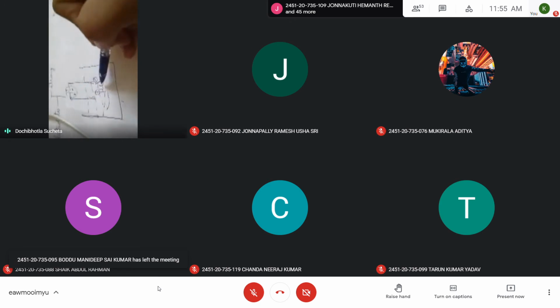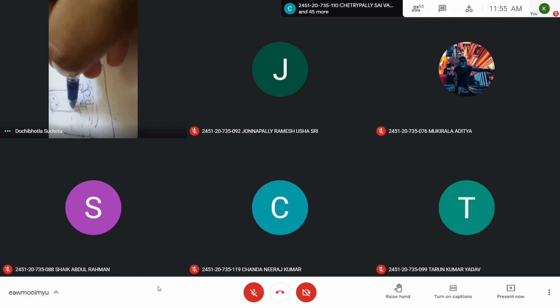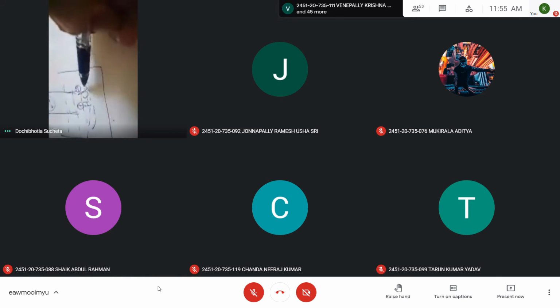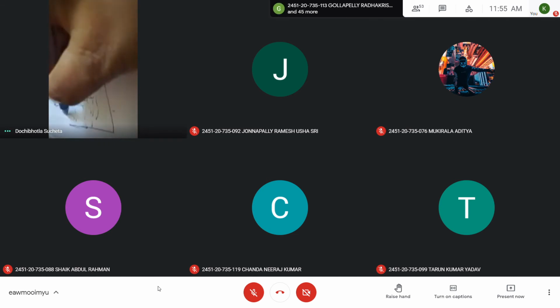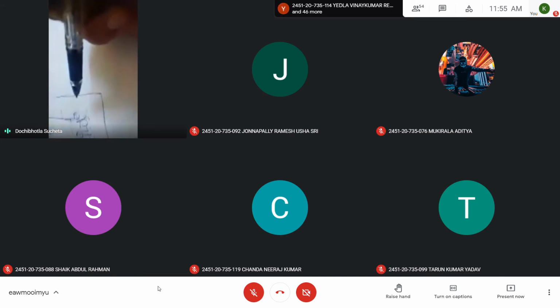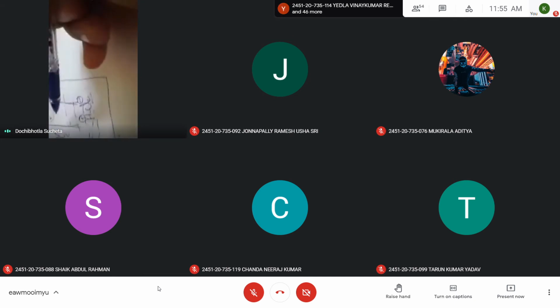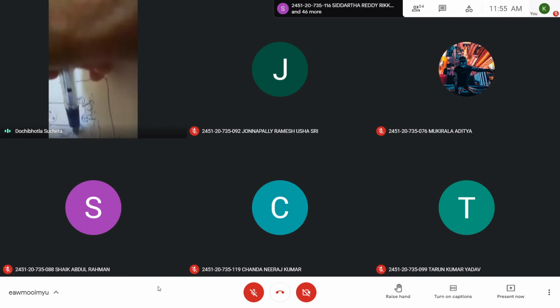Now I'll talk about the movement of Cl- ions towards the anode, the positive terminal. Cl- will give away its electrons to get released as Cl2 gas. It is moving towards the electrode, giving away its electrons, and getting released as Cl2.